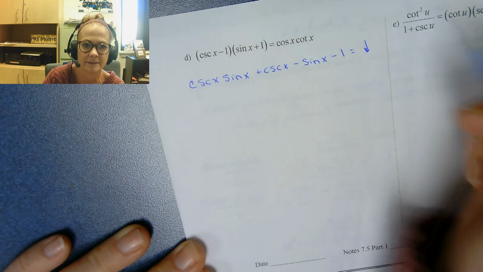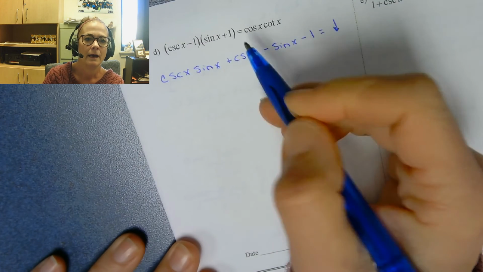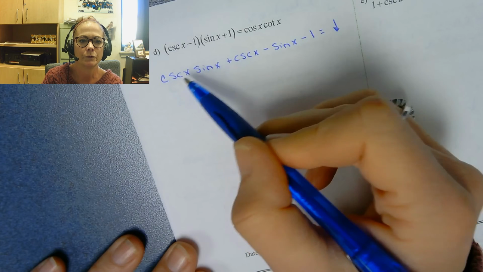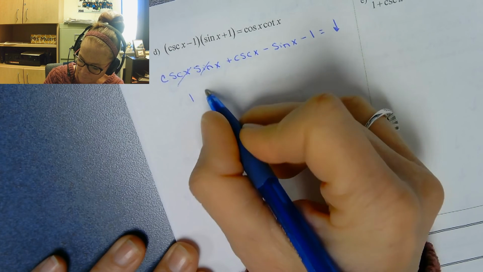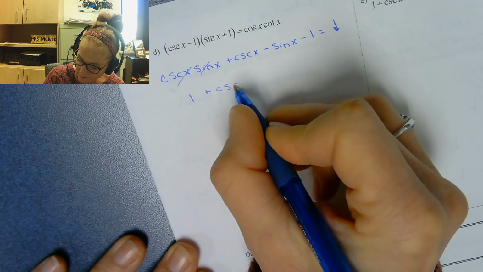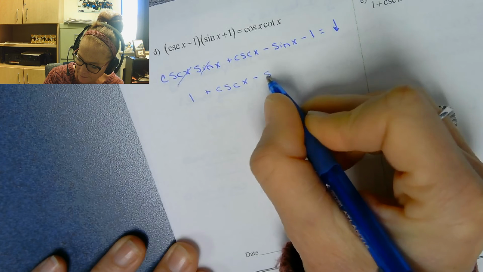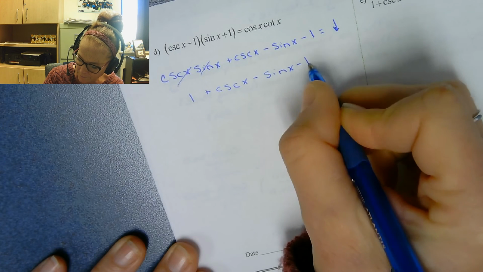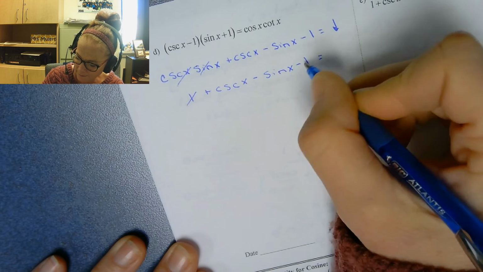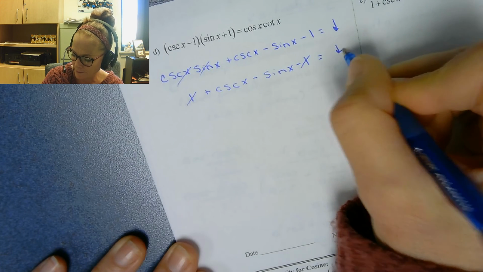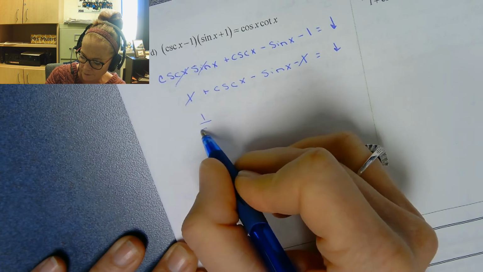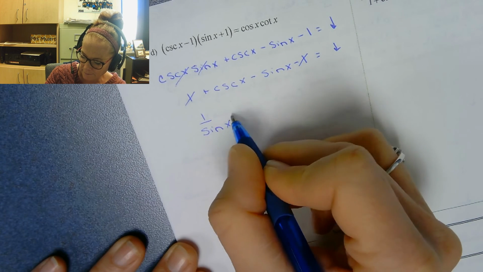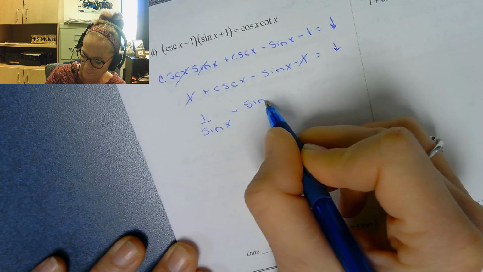So let's see if we can make any traction here. Well, these are reciprocals, so we got a nice cancellation there. 1 plus cosecant of x minus sine of x minus 1. Okay, that's additive inverses right there, so that's good. So let's maybe just write this as 1 over sine of x minus sine of x.